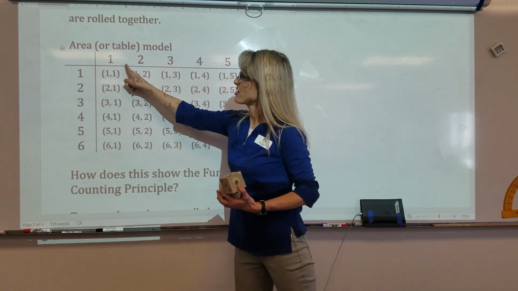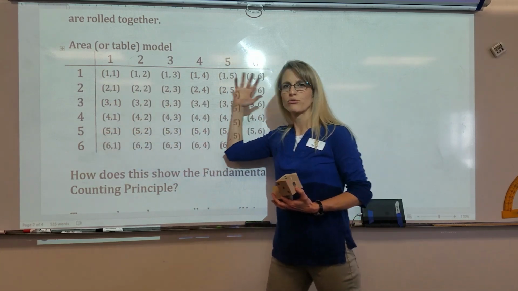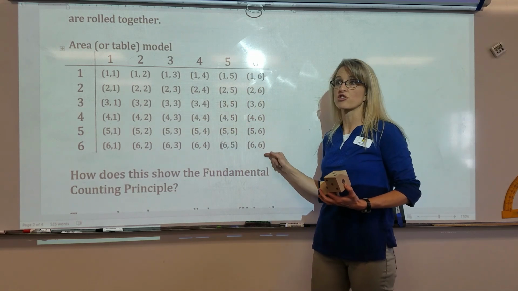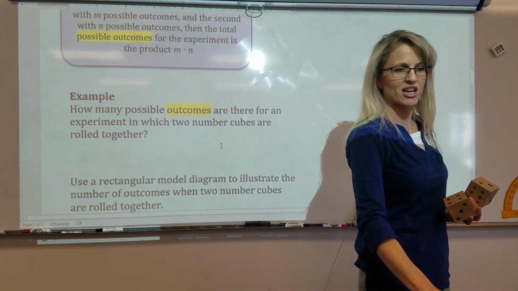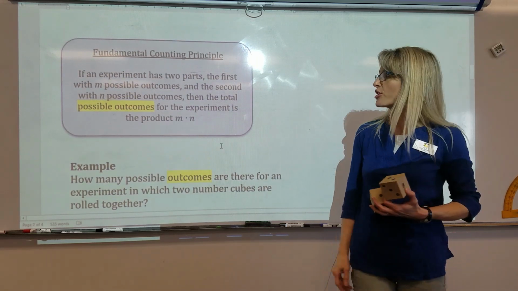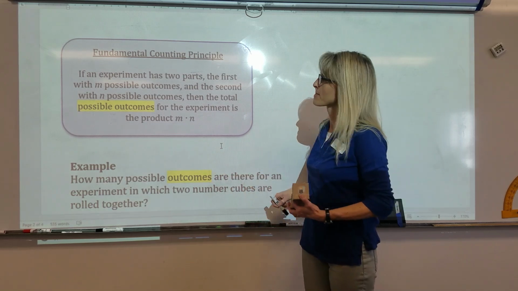If there are 6 possibilities on one dice and 6 possibilities on another dice, right off the bat we can say there's 6 times 6, there's 36 possibilities, and that is our shortcut for the fundamental counting principle. What is it called? Get ready? Fundamental counting principle.